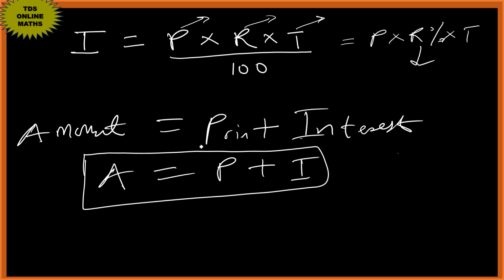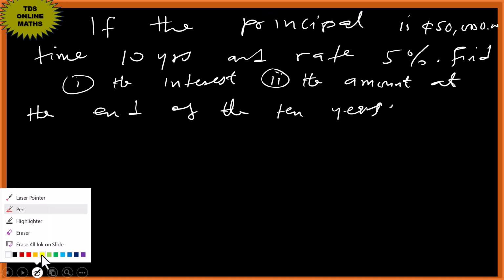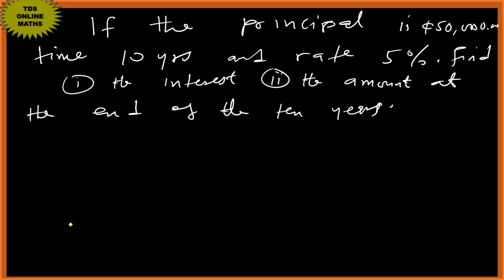All right, let's look at some examples. Let's look at this example. If the principal is 50,000, time 10 years, and the rate 5%, find I, the interest, and the amount at the end of the 10 years.